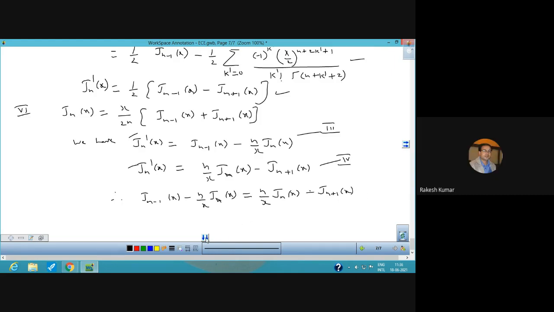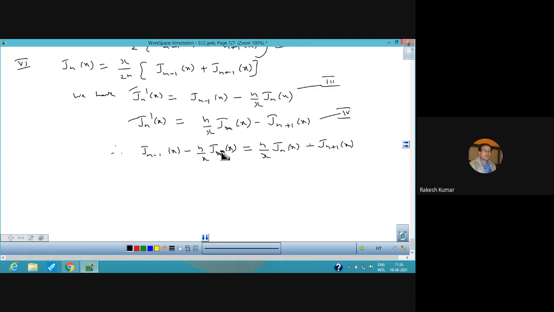Now equating these two values, now adjusting the terms, you will have 2n upon x Jn x. This term can be taken to the right hand side, and similarly Jn minus 1 x plus Jn plus 1 x. So therefore you can get the value of a Bessel function, that is Jn x is equal to x upon 2n, and the required one is Jn minus 1 x plus Jn plus 1 x.